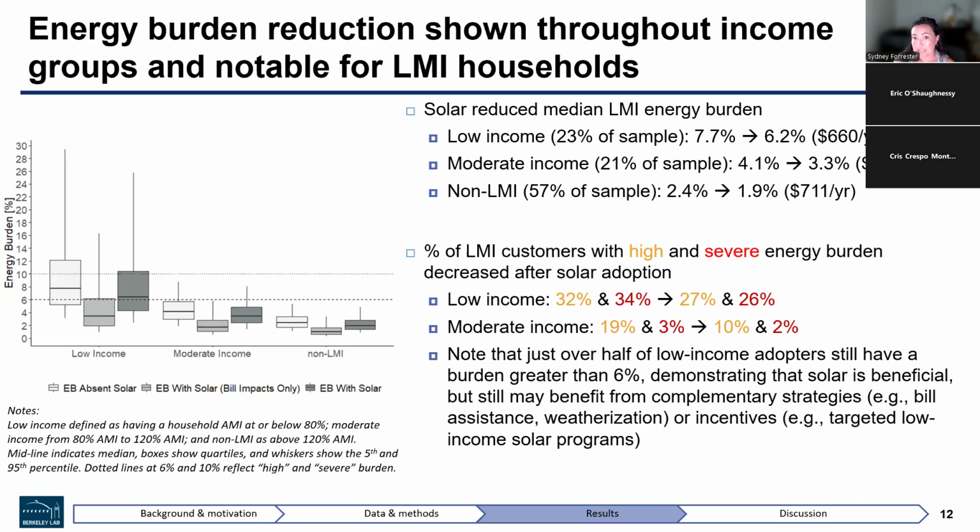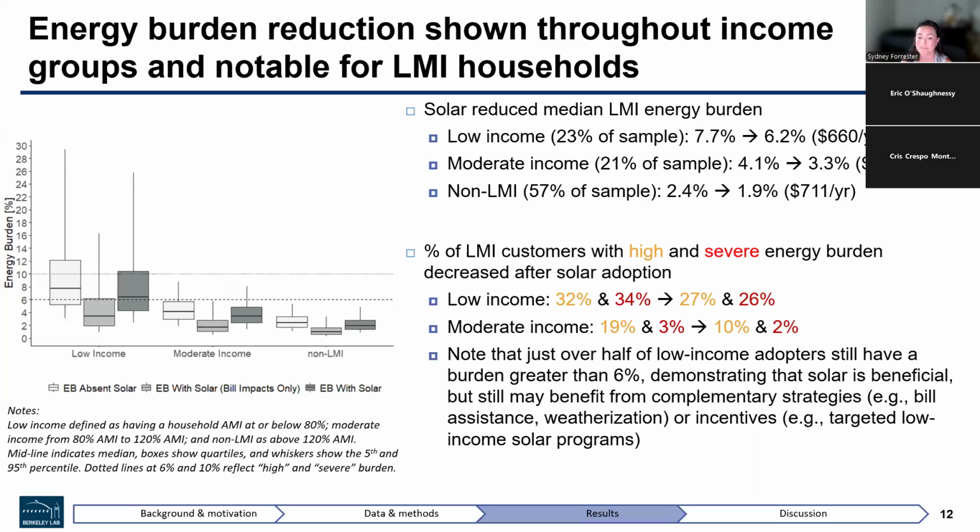One thing to note is that while the percentage point decrease is largest for low income, just the way that the energy burden metric is structured, and there are pros and cons to the energy burden metric as a whole to be a proxy for energy affordability. Again, we focused on it just because of its prevalence in a lot of these programmatic goals.